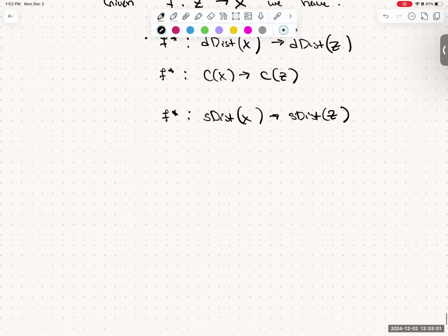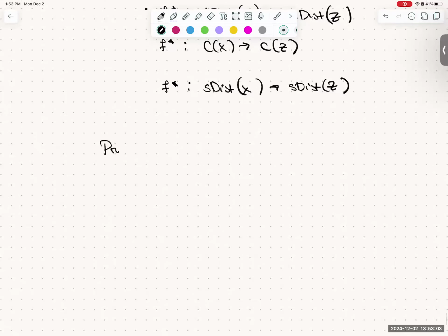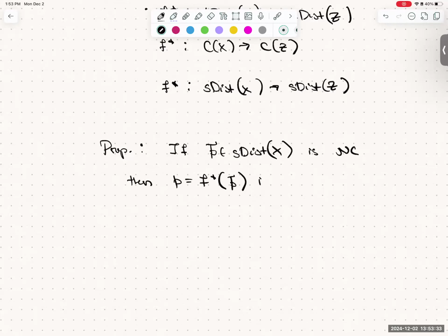Okay, and then Aziz mentioned this last time that we have this nice relationship: if P in S dist of X is, I will just write NC for non-contextual, then P equals... P is non-contextual.